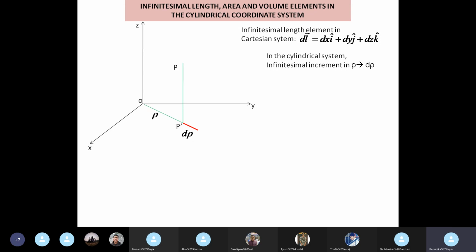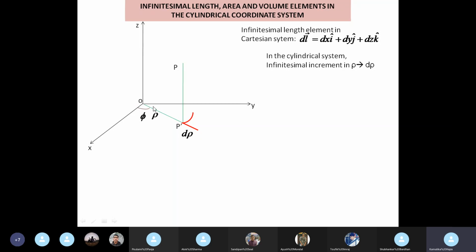Next, the next coordinate is phi. It's an angle. So if you want to make an infinitesimal increment in this angle, it will be some value d phi. This is rho; you want to change this angle infinitesimally. As I told you, we always move in the anti-clockwise direction.